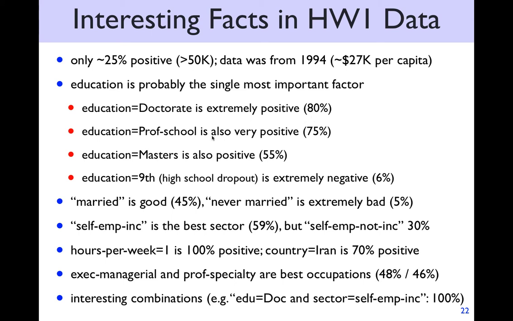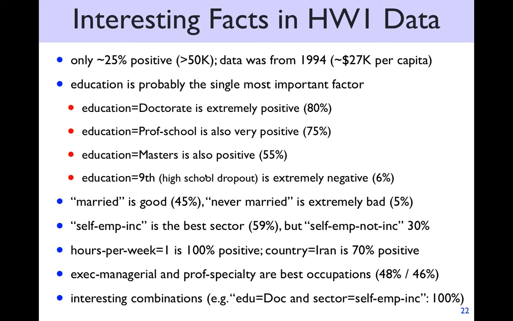Professional school is also very positive. Master's is also very positive, but much less than professional school. And high school dropout, like education equals ninth, is extremely negative.